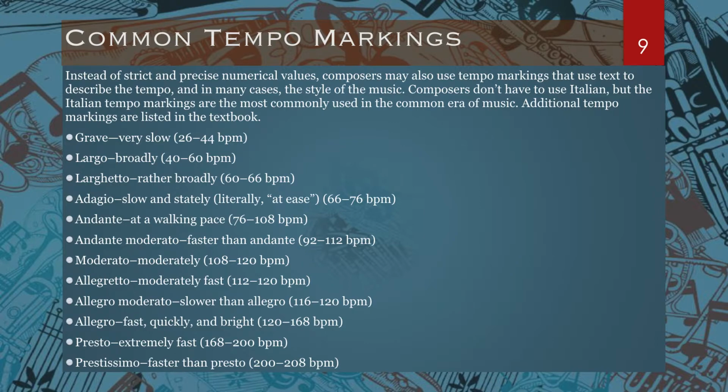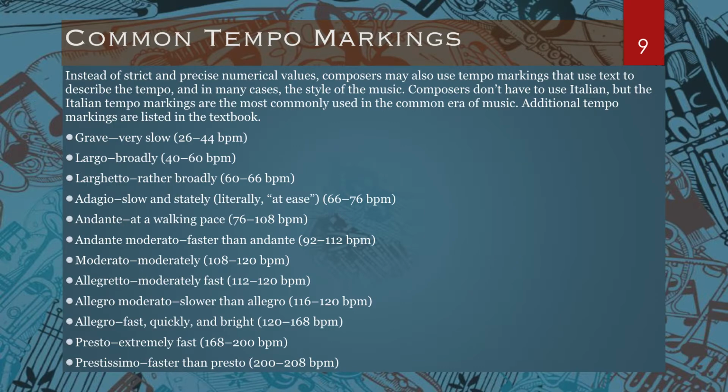So largo would be performed very broadly with the notes very connected, and it'd be 40 to 60 beats per minute. Adagio is usually a slow and very stately piece. It's a piece that should unfold very easily, and it's generally from 66 to 76 beats per minute. Andante is a walking pace, a medium walking pace, not too fast, not too slow, and it's about 76 to 108 beats per minute.